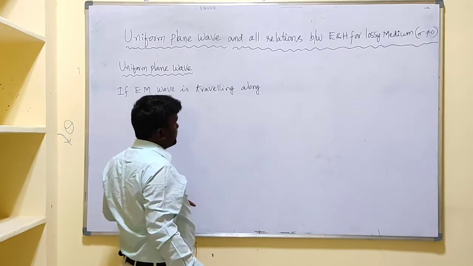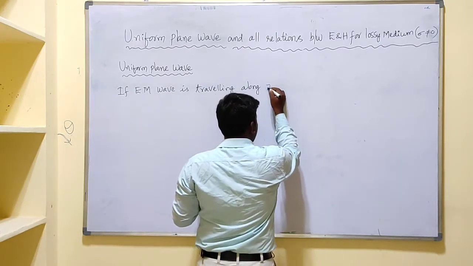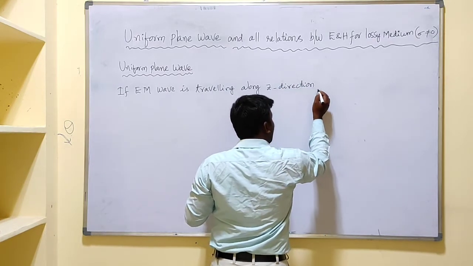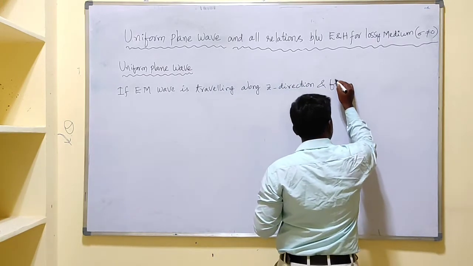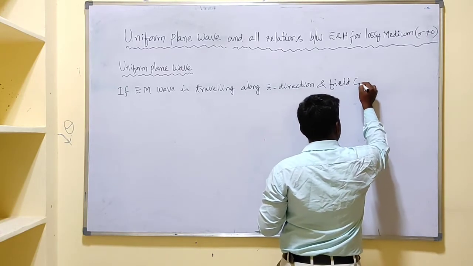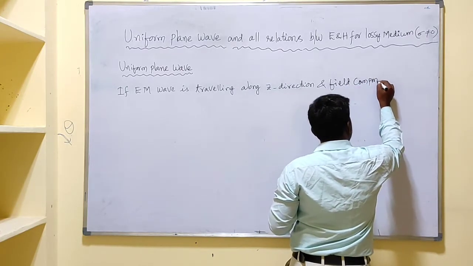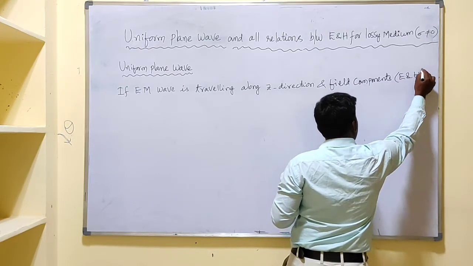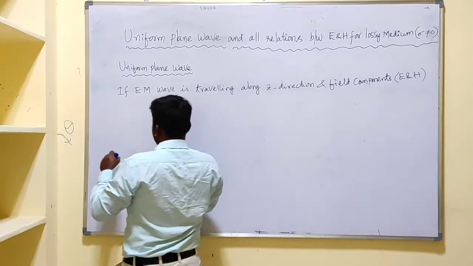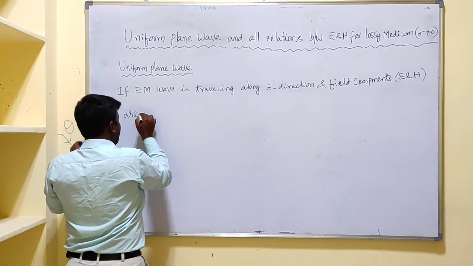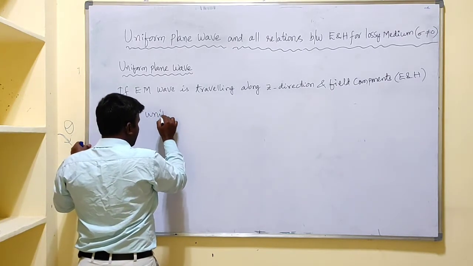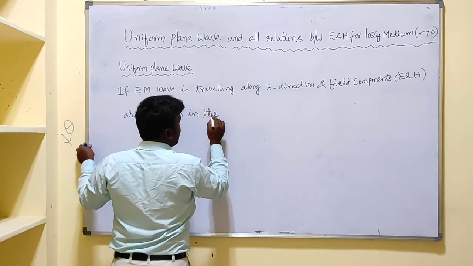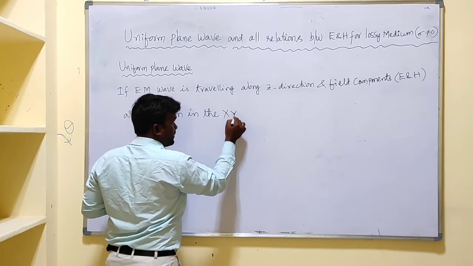Let us say if EM wave is traveling along z direction and field components, means E and H, are present in the xy plane, or uniform in the xy plane.